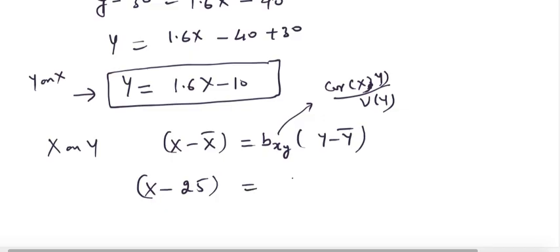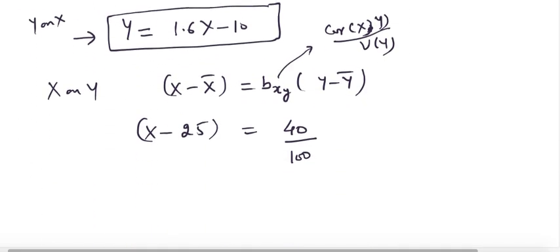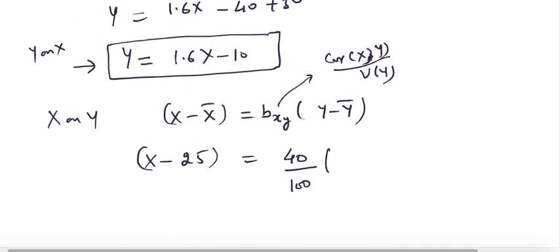The covariance is 40, that is, the numerator is the same for both. The denominator, the variance, is now 100. We can see once again, yes, we got the variance of y as 100.